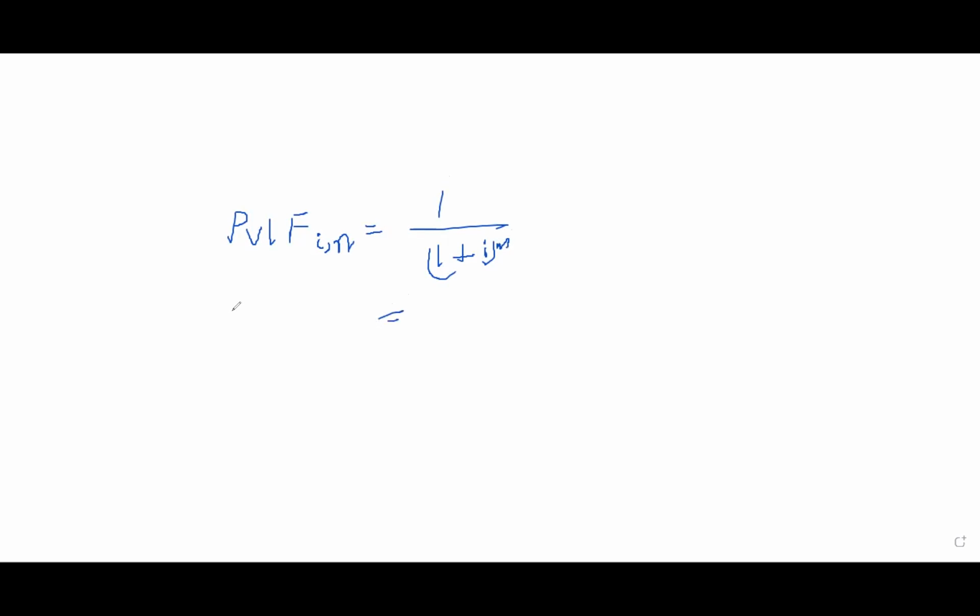So if the present value interest factor is for 7% and for 5 years, then it would be 1 over 1 plus 0.07 raised to power 5.